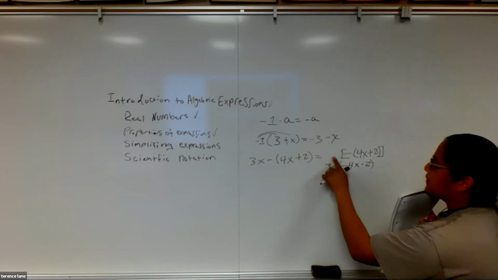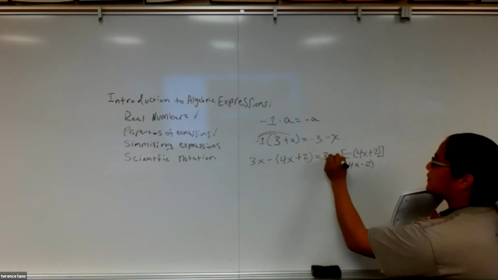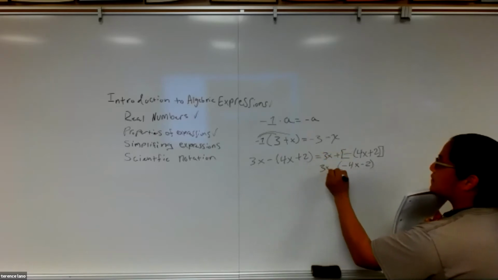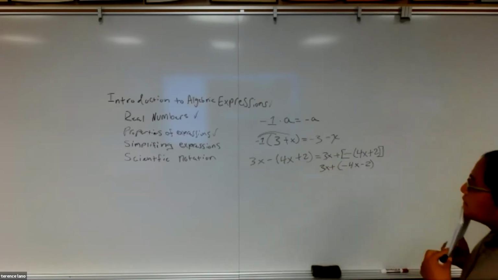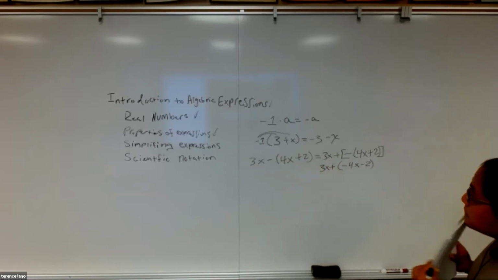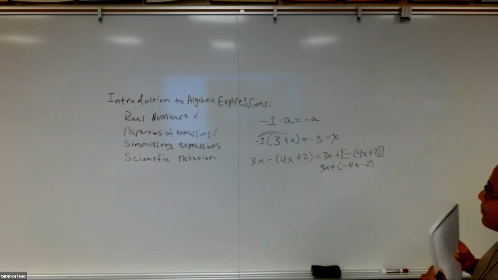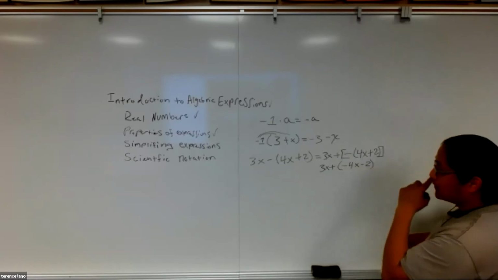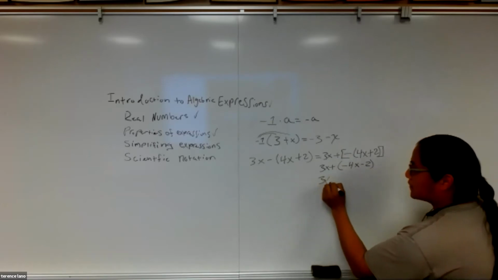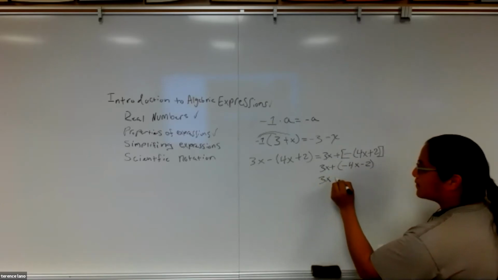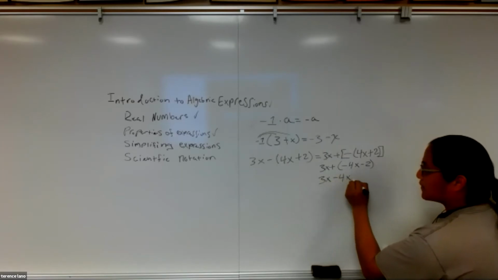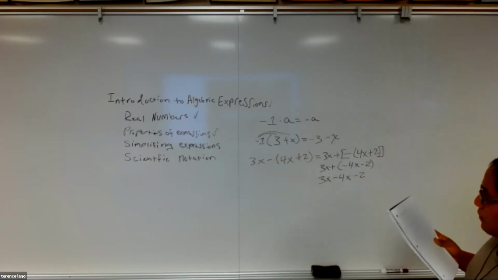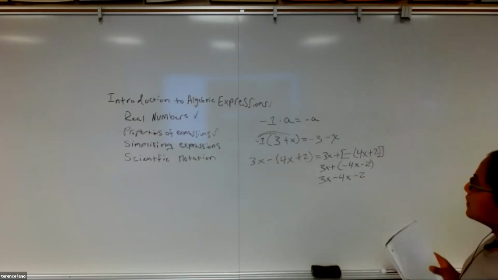There was supposed to be a positive here, 3x, because we're not multiplying that. And then after we do that, we can distribute this positive into the parentheses, which is going to give us 3x minus 4x minus 2. And then from here, we combine our like terms.